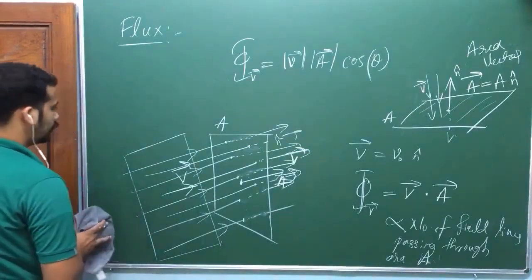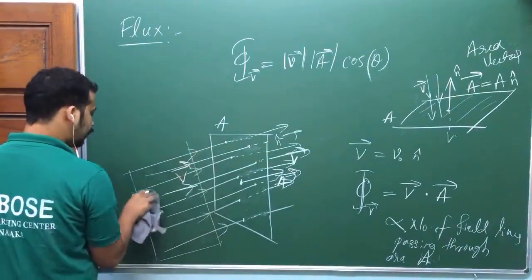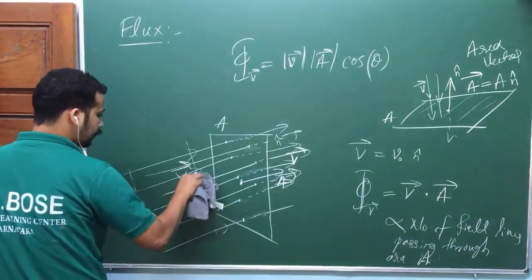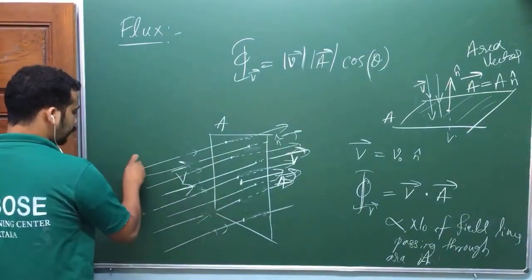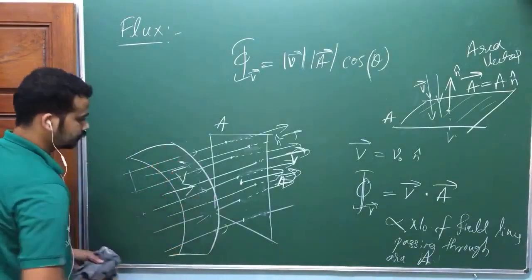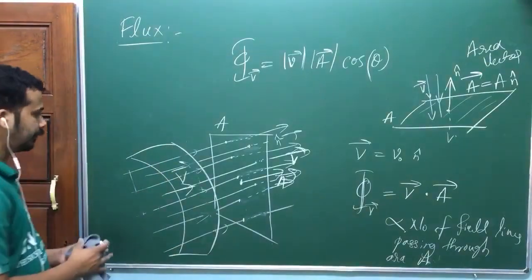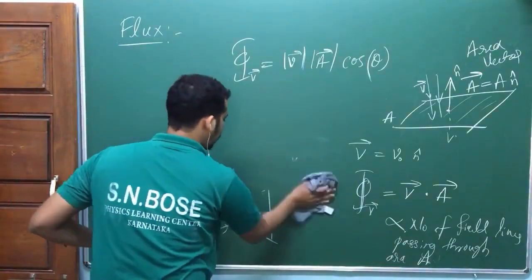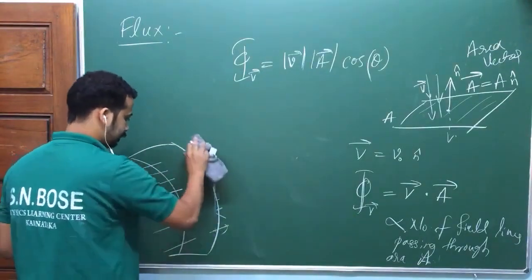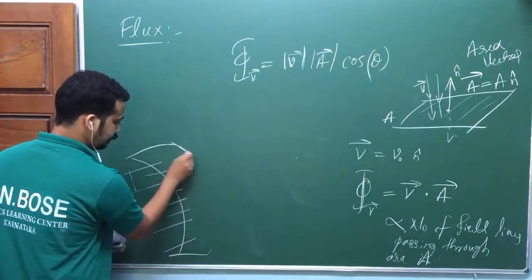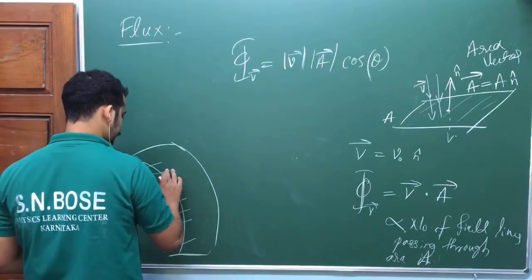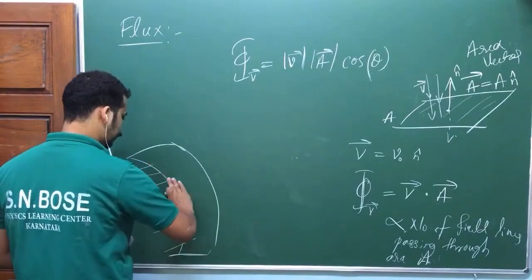Now suppose, let me just manipulate this one. Let me take a uniform vector field, but let me take a curved surface area. Is that okay? Then how do you count this one? Can you just imagine this?